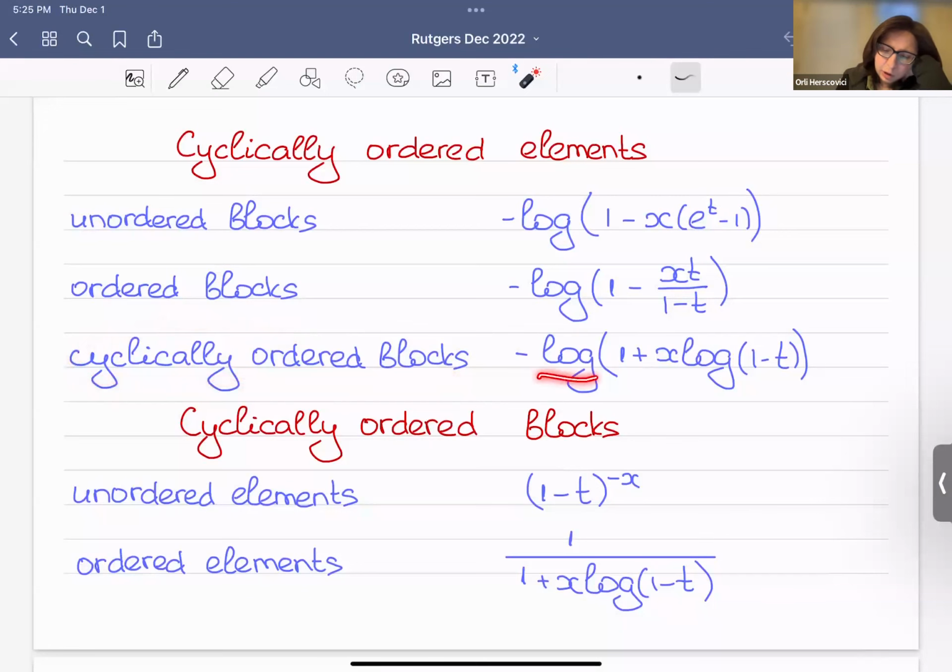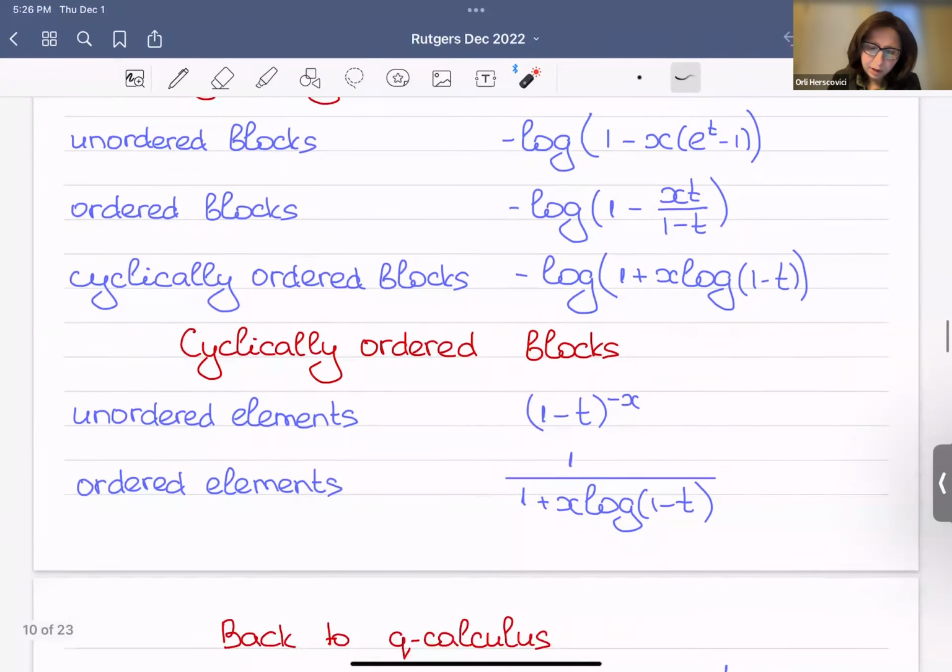Here we will get 2 logarithmic functions in a generating function. If the blocks are ordered but elements are unordered, we have this function, and for ordered elements, we have another function containing log. So if we consider these 5 generating functions, 4 of them have a logarithmic function inside of them.